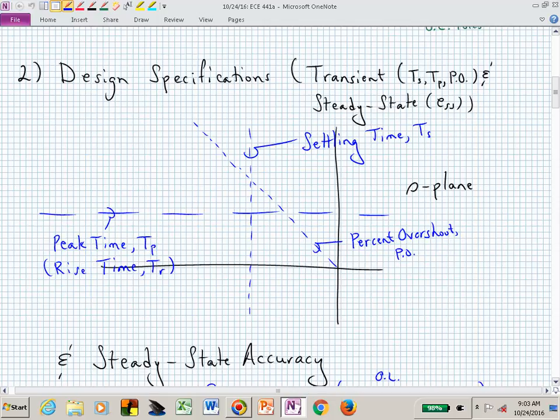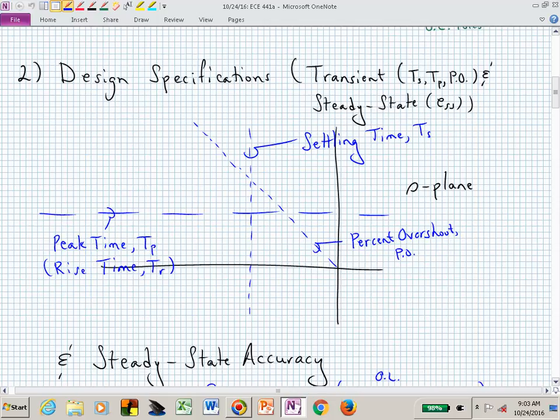So how quickly your system responds is the vertical, and how you ring, the percent overshoot, is the angle. The intermix of all of those allows you to influence settling time, peak time, and percent overshoot. And you might have some region. On exam number 2, I wanted you to concentrate on approximately 10% overshoot, which meant you were living on that 53-degree line, essentially, not necessarily in this little triangular window.